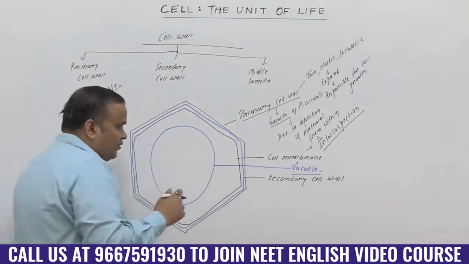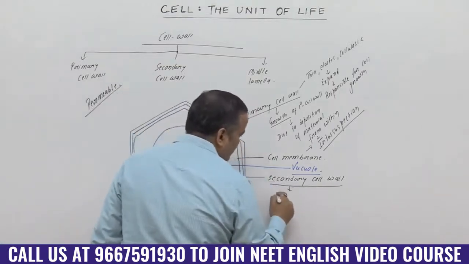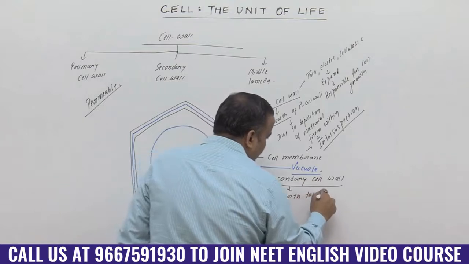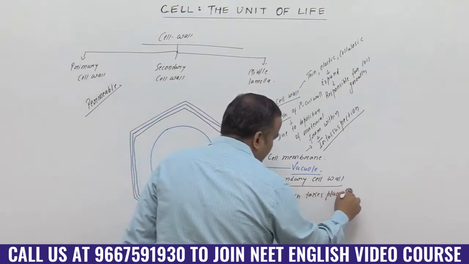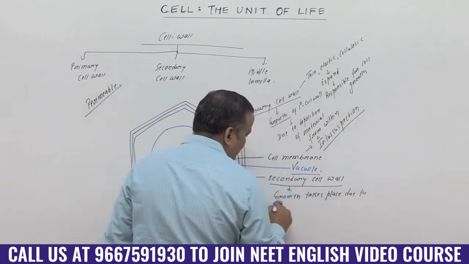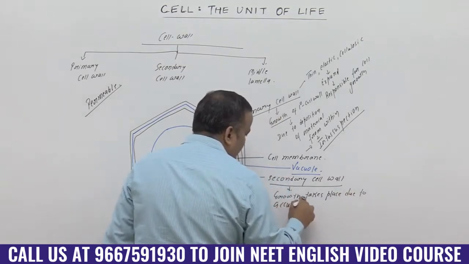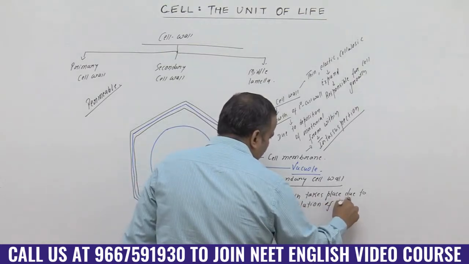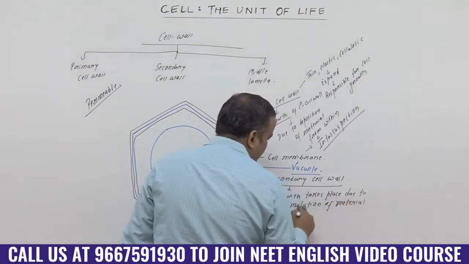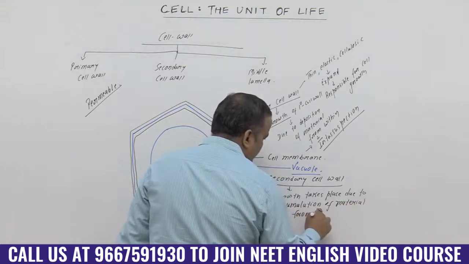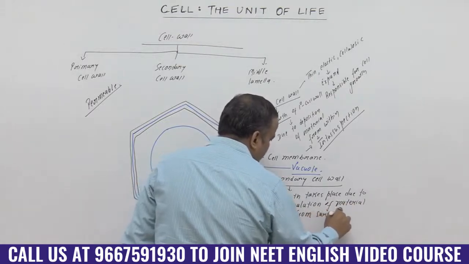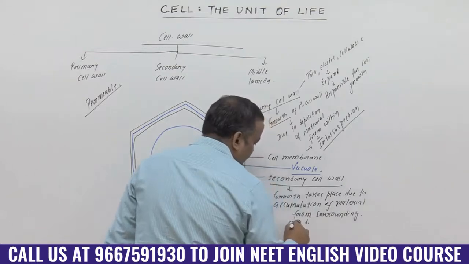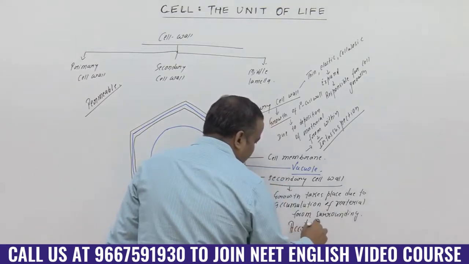Now, growth of this secondary cell wall takes place due to accumulation of material from surrounding, and this is known as accretion.